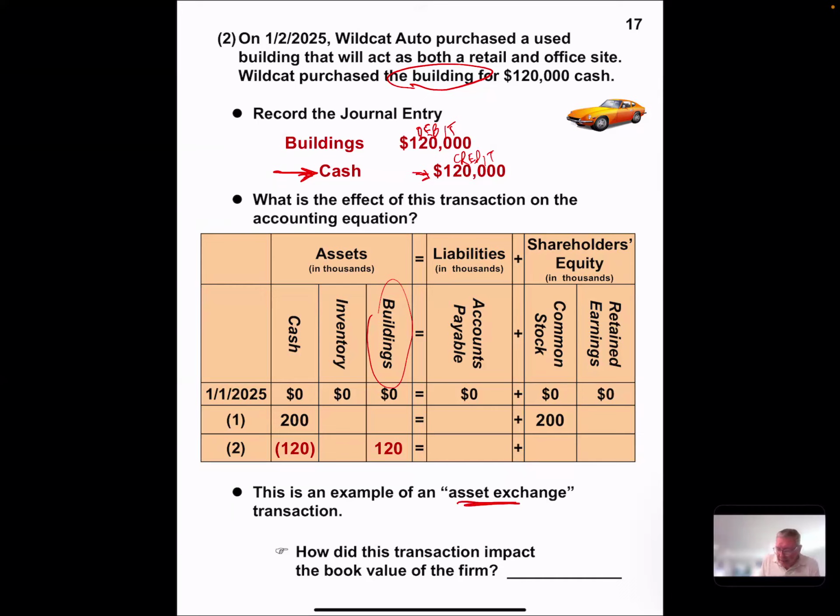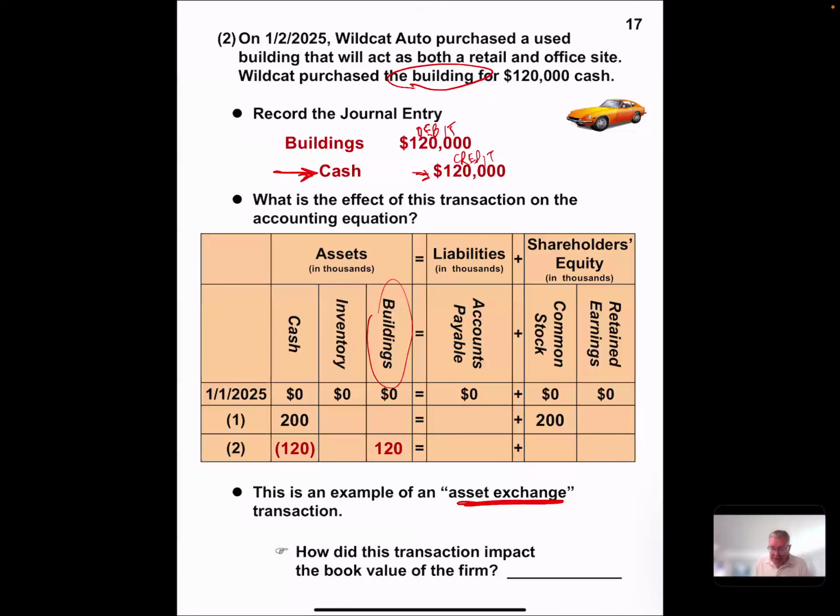This is an example of what we call an asset exchange. That simply means one asset account went up in value, in this case buildings, and one asset account went down in value, in this example cash. So that's an asset exchange. One asset going up, one asset going down.